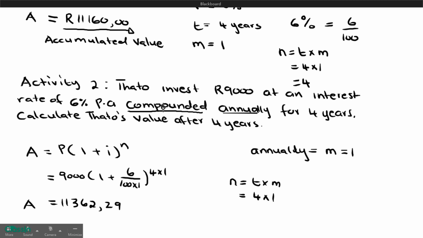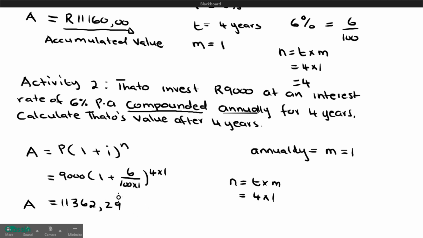So meaning that compound interest gives you more as compared to simple interest. But it's not always the case because it depends on the length of the investment. If your investment is very short, you might find that the value using simple interest is more than the value using compound interest.